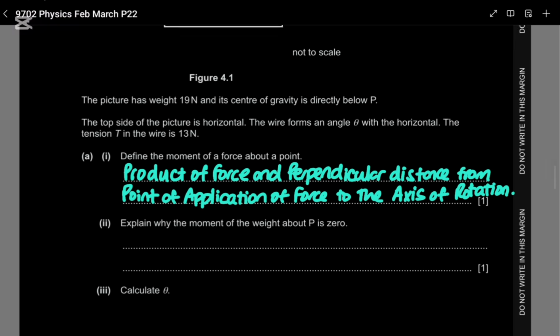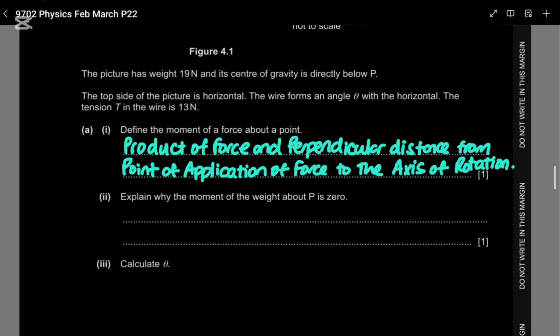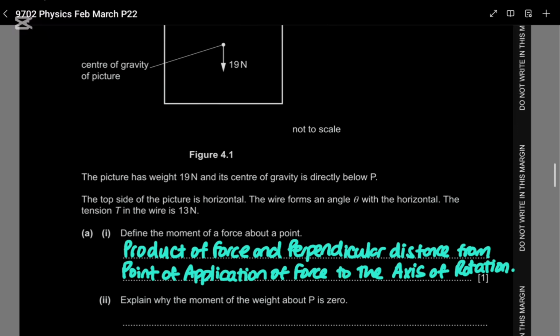Now the second part says: explain why the moment of the weight about P is 0.